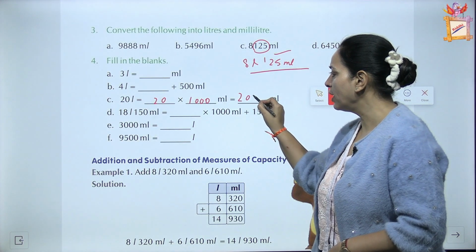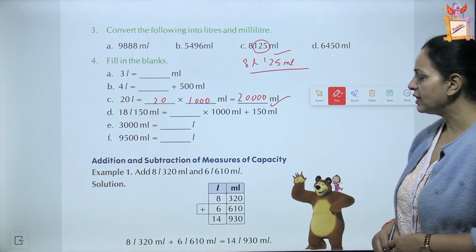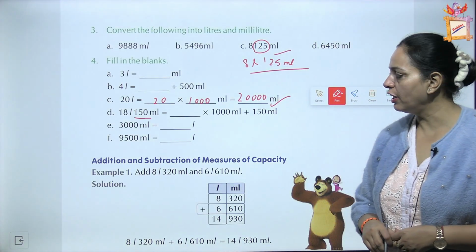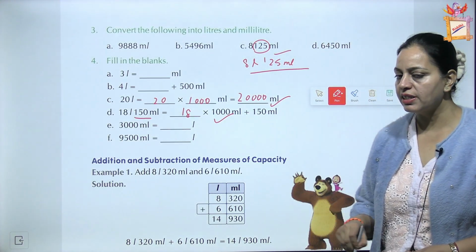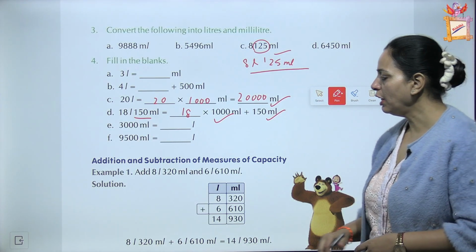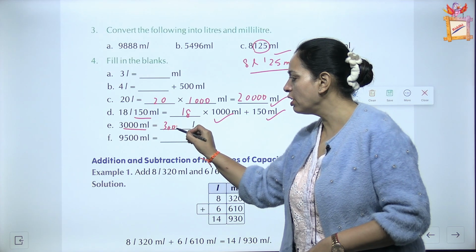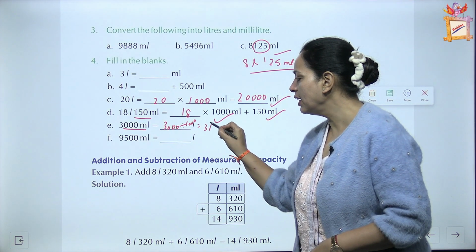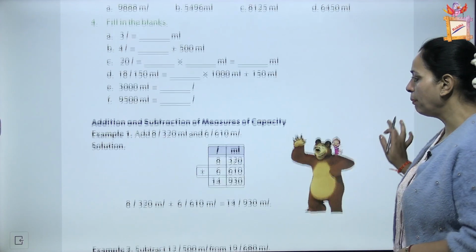So this is 20,000 milliliter. Okay. ऐसे D part है 18 liter 150 milliliter equals to 18 multiply by 1000 milliliter and 150 milliliter. So similarly E part 3000 milliliter. So 3000 divided by 1000. This is 3 liter. Okay. Similarly, you can try remaining parts.